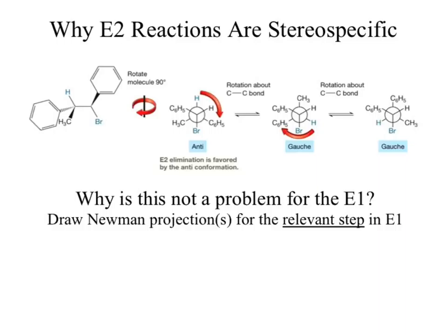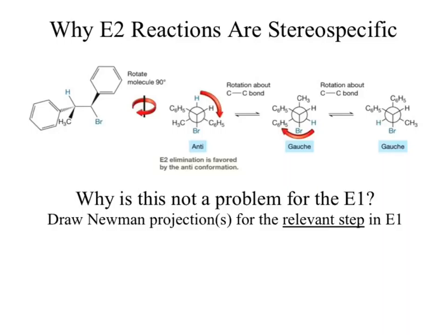To do the E2 elimination, we must be in this anti-conformation. Once we are locked into that anti-conformation, the arrangement of the groups in the Newman projection is locked into position. That ends up dictating the arrangement of our groups, either cis or trans.